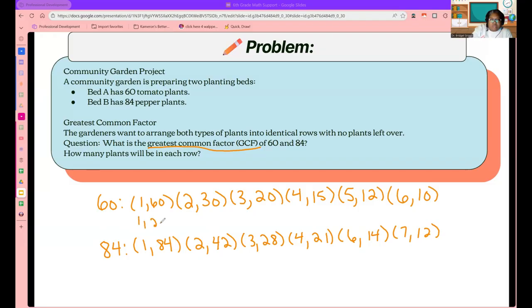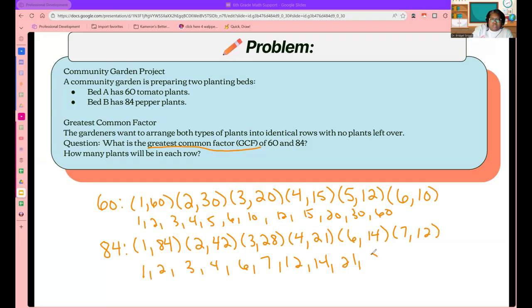We have 1, 2, 3, 4, 5, 6, 10, 12, 15, 20, 30, 60. Now we have 1, 2, 3, 4, 6, 7, 12, 14, 21, 28, 42, 84.